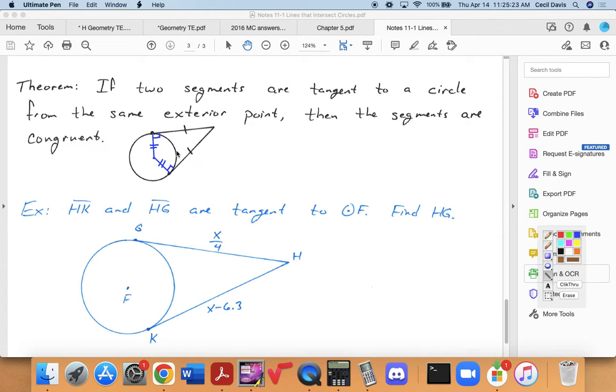If I add in this segment, which is congruent to itself, why are these two triangles congruent to each other? Hypotenuse leg. By hypotenuse leg, these two triangles are congruent to one another. So any of the corresponding parts are going to be congruent, which is why, as Marianne pointed out, this is going to be a kite.